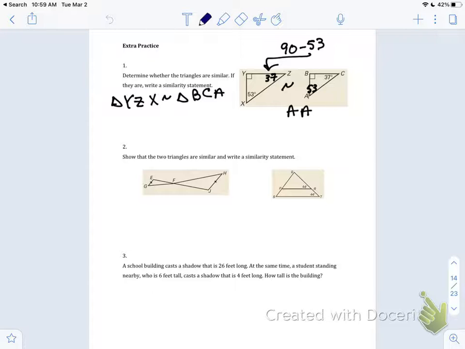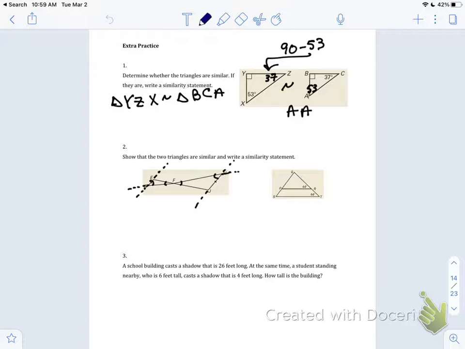Okay, show that the two triangles are similar and write a similarity statement. Okay, so here you have vertical angles. That's a pair of angles that are going to be the same. Then if you extend these lines gently and recognize that, I guess we'll use this one as a transversal, this angle equals this angle by alternate interior. So I have my two angles.